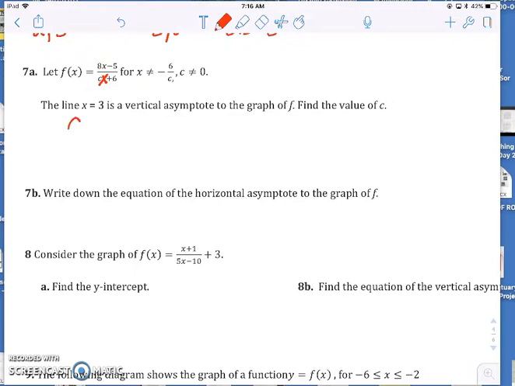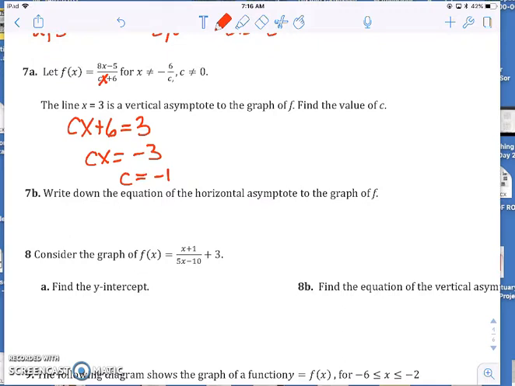So that means our denominator, when we solve for x, has got to be equal to 3. So let's see, cx equals negative 3. So in order for x to equal 3, c would have to be negative 1.